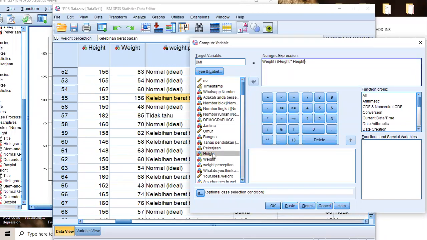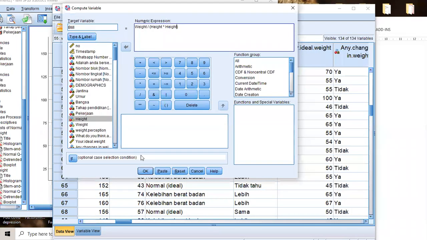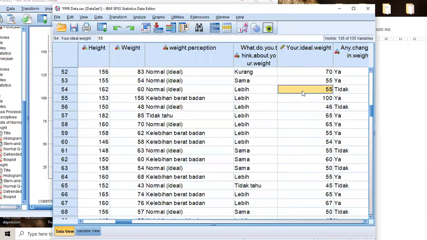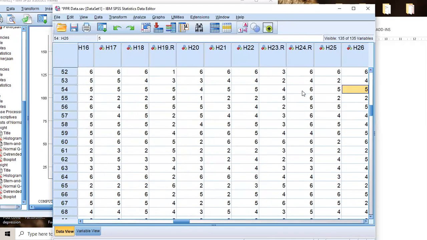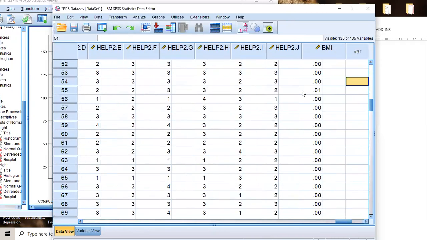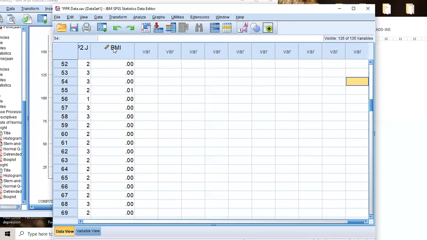So it's weight over height squared. You can have different forms of the expression, but this is a straightforward expression. That's all. Click OK. So in the data editor, you go to the last column. Okay, that's the BMI.